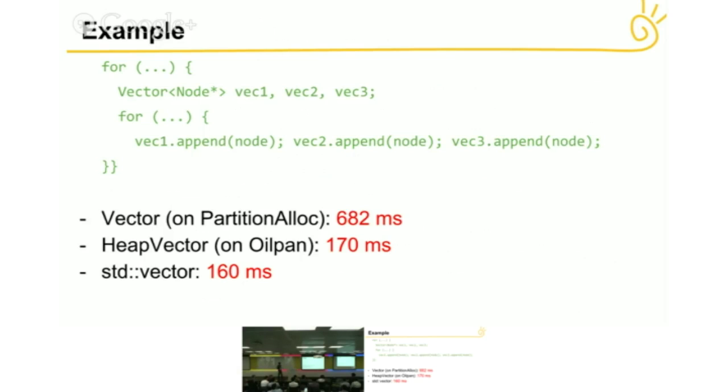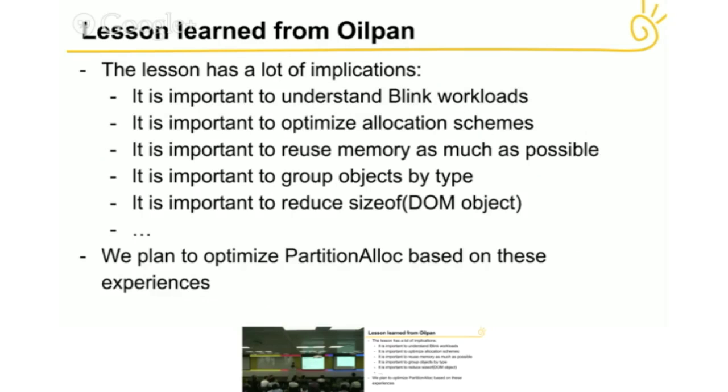In my experience, our tools are really poorly set up for measuring page faults and cache misses, especially on Android. Any help coming? Yeah, so actually, if we change the size of node or size of layout object, it changed performance over a lot of benchmarks.